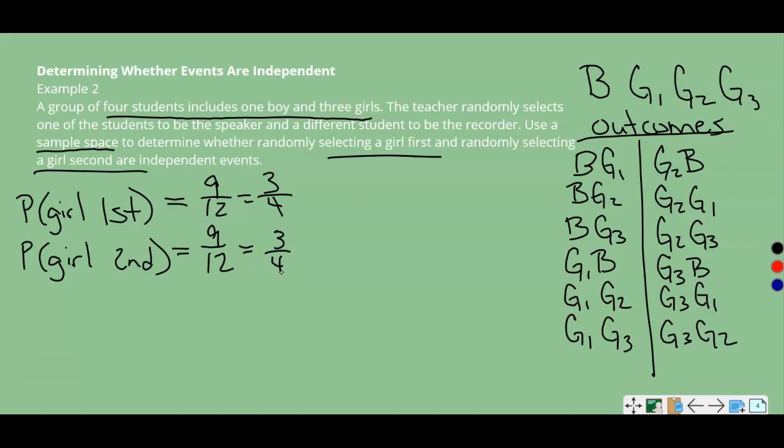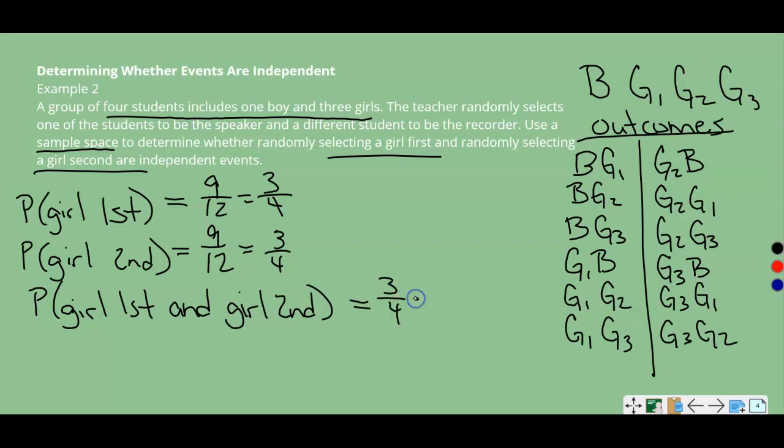All right, so just like we did the first time, we want to see if we multiply those, what do we get? All right, so the probability of girl first and girl second. All right, so using the formula, we're going to multiply because independent events says that you get the product.